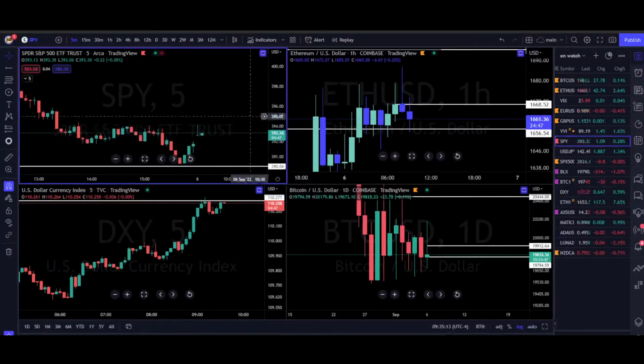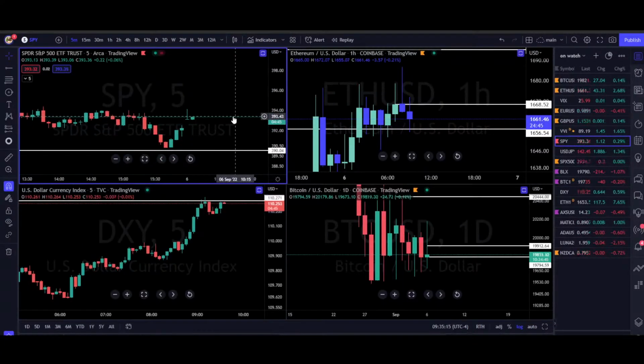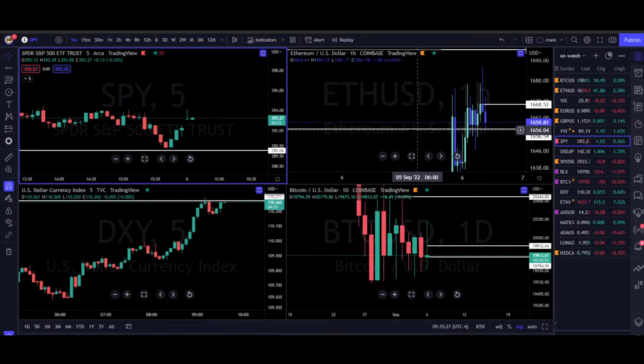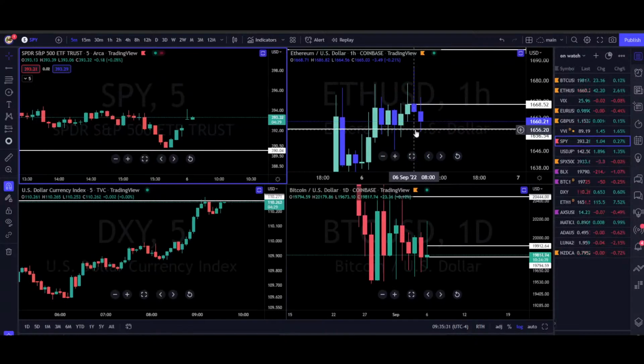SPY slight wick to the upside. Ethereum is struggling at support. This is a previous high. Now that is going to be your daily supply.